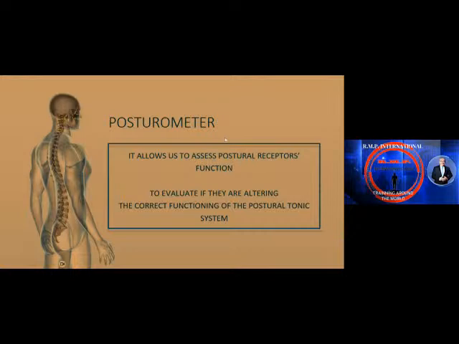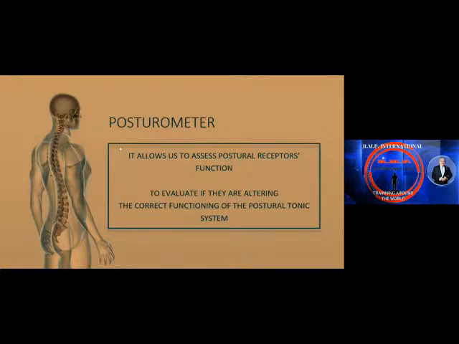In posturology, we have receptors of the body posture. The tonic postural system has main receptors, and with the posturometer we can evaluate if the receptors are in a good way.